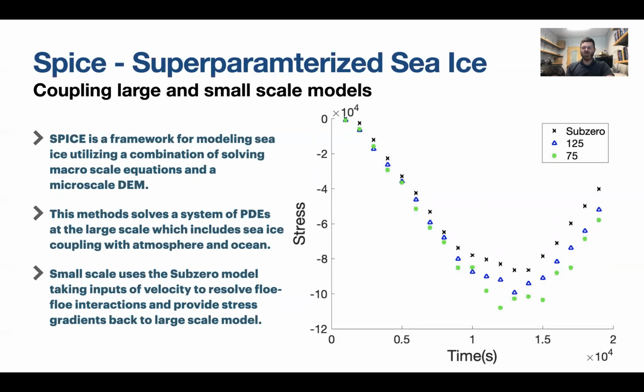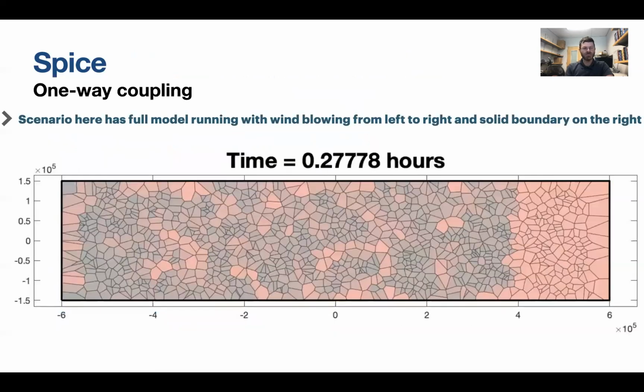This will be forced by changing the boundaries with inputs from this large-scale model, and we also take inputs on the concentration of the sea ice. To start off, we're going to have a simple one-way coupling.